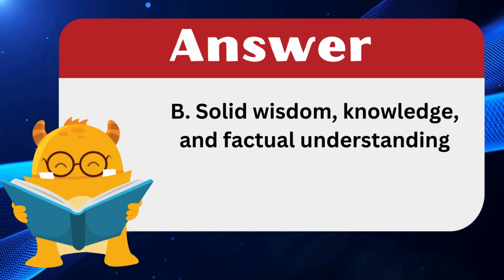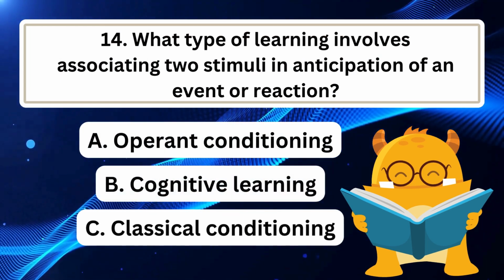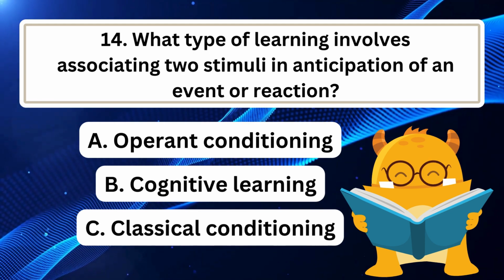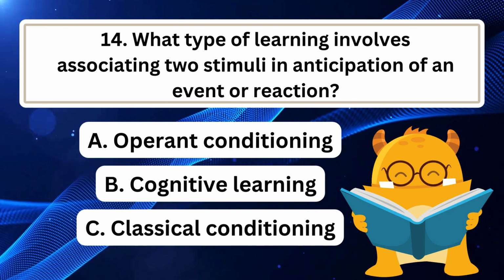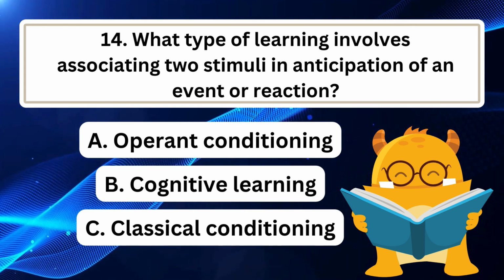14. What type of learning involves associating two stimuli in anticipation of an event or reaction? A. Operant conditioning. B. Cognitive learning. C. Classical conditioning.